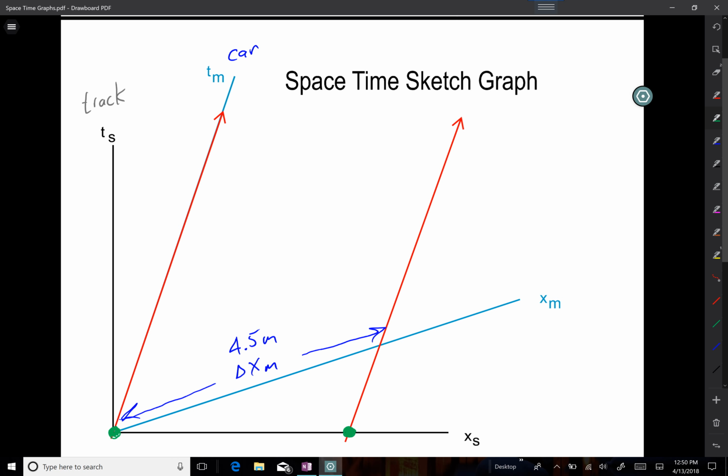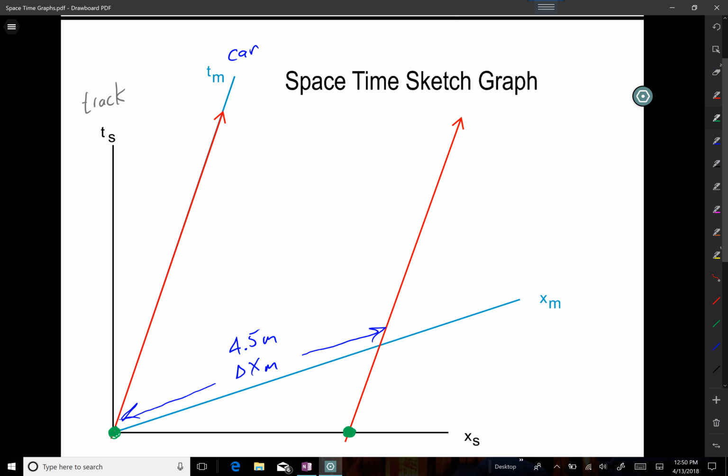And if I look at my Lorentz equations, that's going to give me a Lorentz equation that says delta XM equals gamma delta XS. And I need to measure the distance between these two pieces of tape in the perpendicular reference frame.